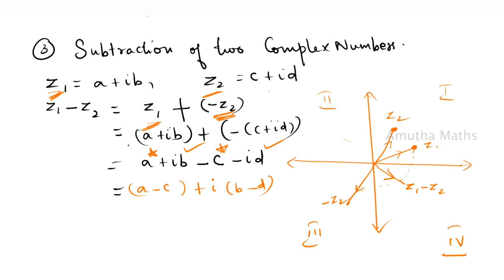So now we are going to add these two complex numbers. அப்போ இதோட resultant இது ரெண்டுக்கும் இடையில இருக்கும். So that is Z1 minus Z2. Parallelogram law, இணைகரத்தின் கூட்டல் விதிப்படி நமக்கு Z1 minus Z2 will be here.